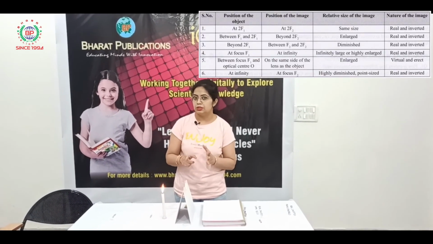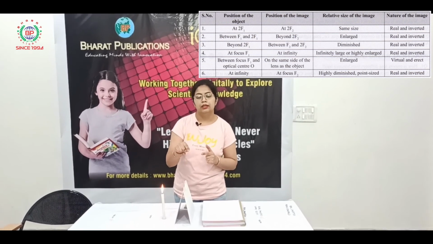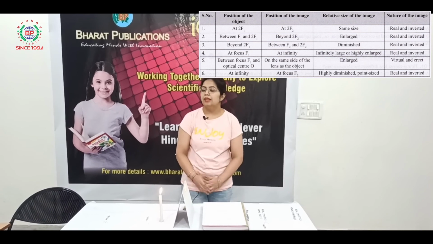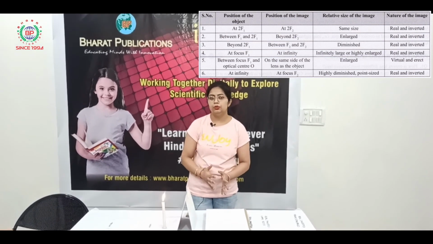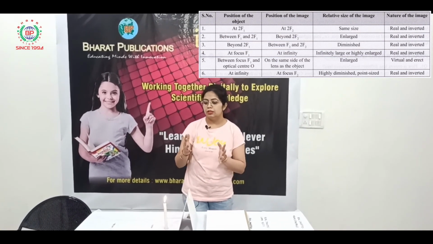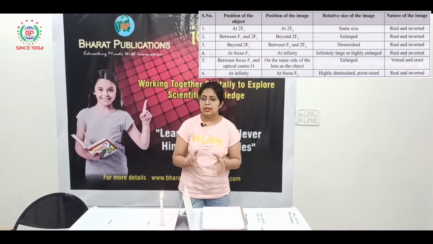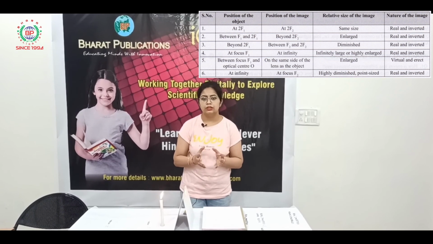But when our source is between the optical center and F1, then its image is virtual and it is in the lens. We can't take it on the screen. Okay, I hope this activity is clear to you, that is how we can form different sized images with the help of the convex lens, and you have enjoyed this activity a lot. Thank you so much.